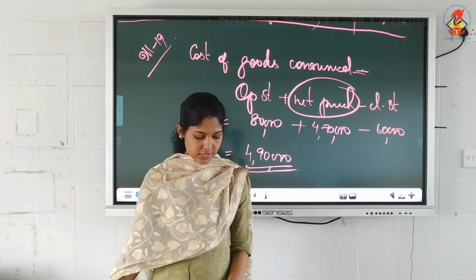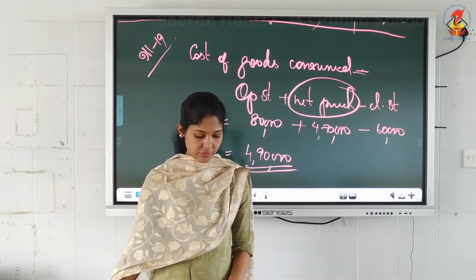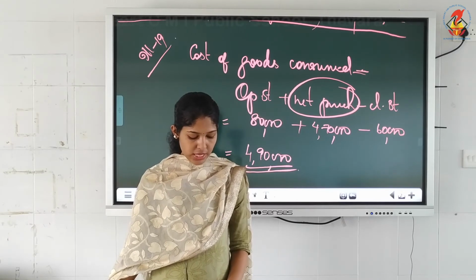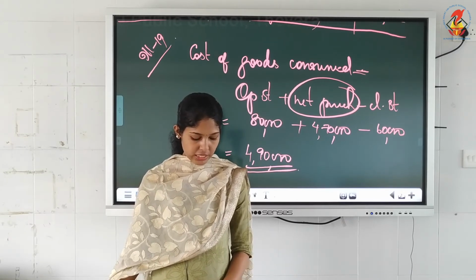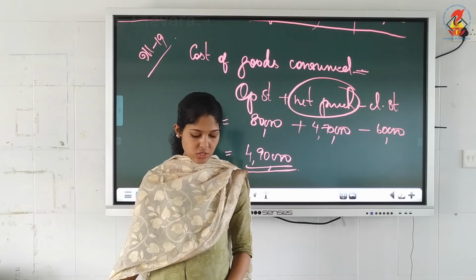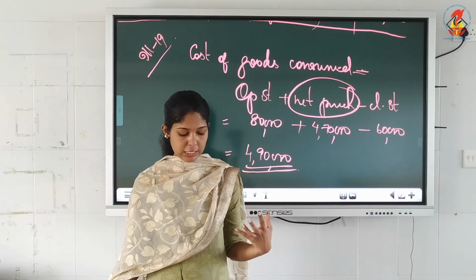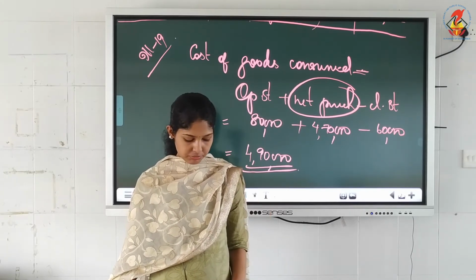Then receipts and payments account for the year ended 31st March 2020. On the payment side we have sports material 28 lakhs. Additional information: sports materials in hand on 31st March 2020 is 4 lakh 40, that means it is the closing stock given.